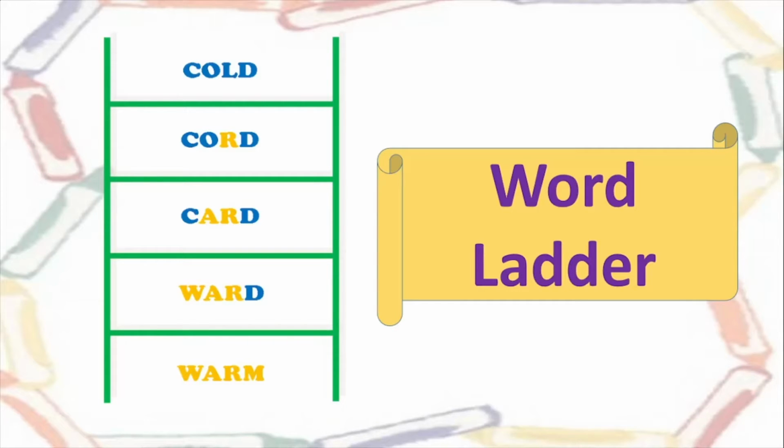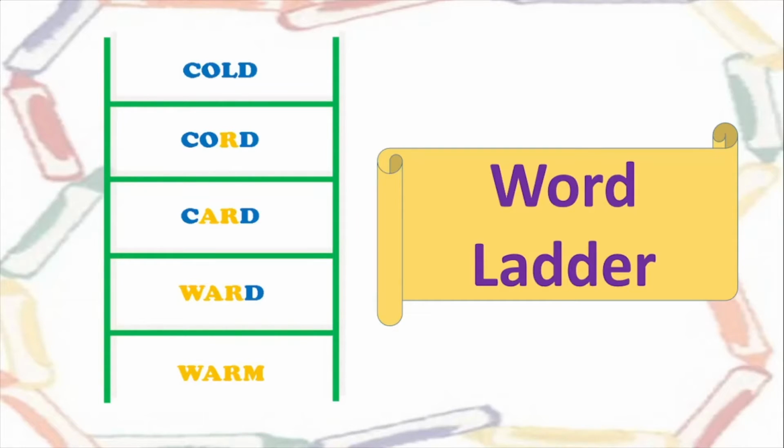For every step, one letter of the word changes. In the next step, another letter changes and the word changes. In the next step, one more letter changes and the word changes yet again. And finally, towards the end of the ladder, we have a totally different or new word.